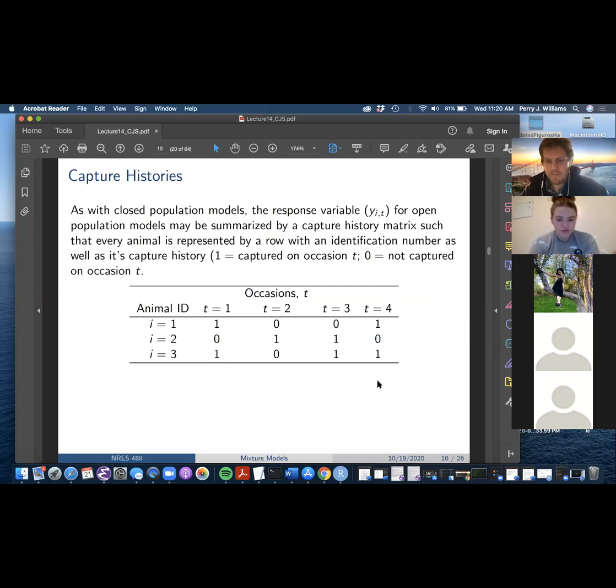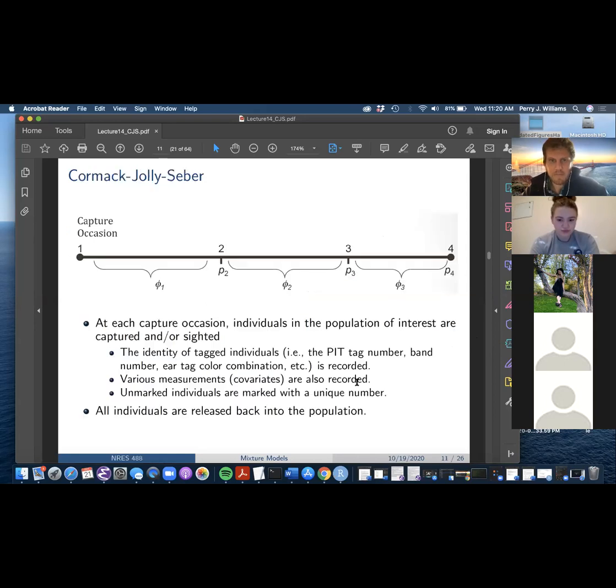All right. So we can break this down into another schematic, just to view it another way, where we have our first capture occasion here. And then if we release the birds here, and then we come back and resight them here, for an animal to be sighted here, it had to both survive this entire period, and that's marked by phi1, and then we had to see it here, and that's indicated by p2.